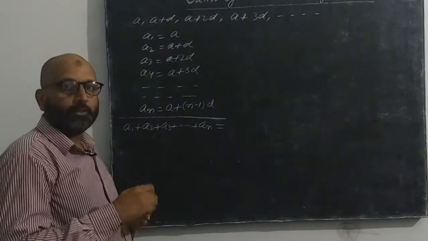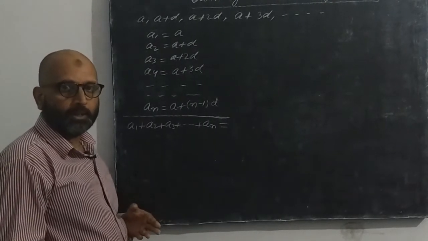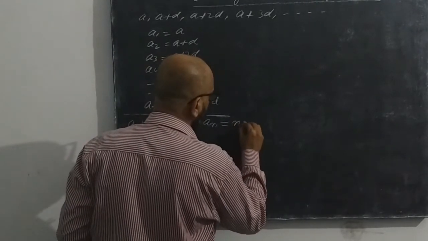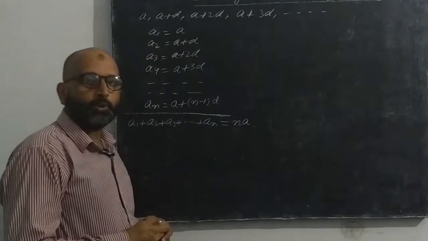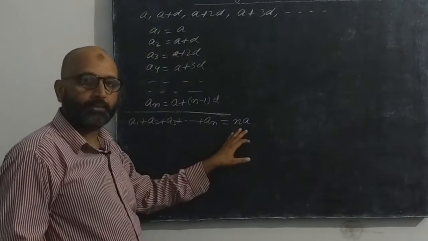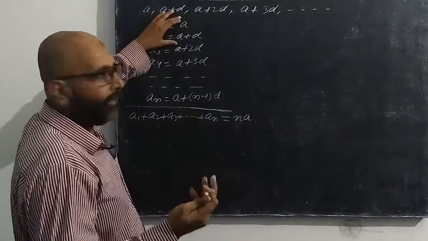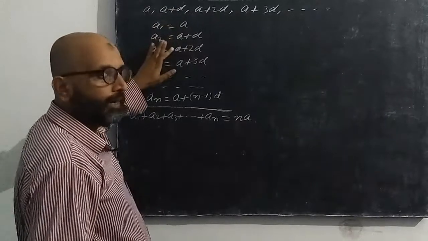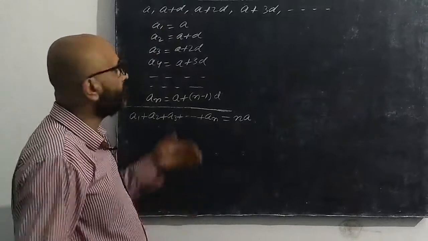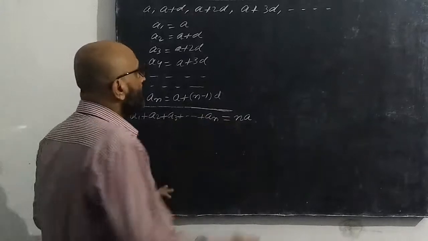So if a is repeatedly added n times, the sum must be na. As simply, if a is added 2 times, you will get 2a. If a is added 3 times, you will get 3a. If a is added 4 times, you will get 4a. In the same way, if a is added n times, you will get na.